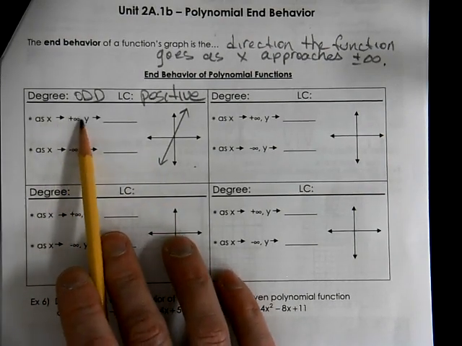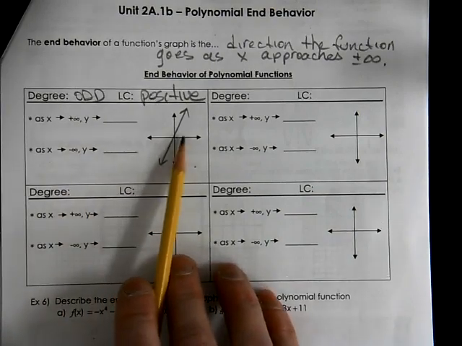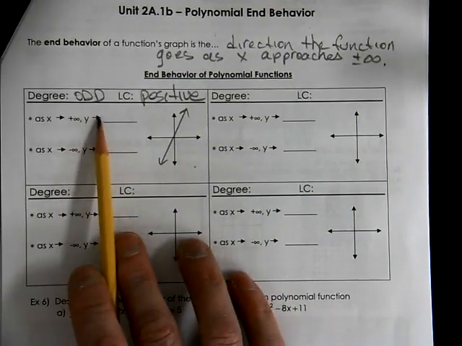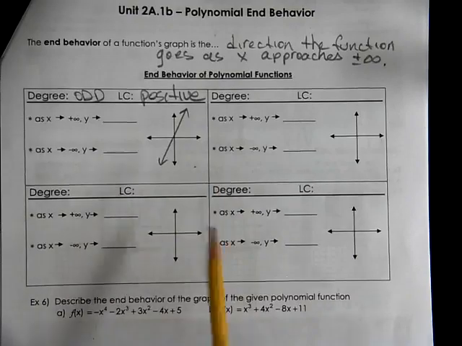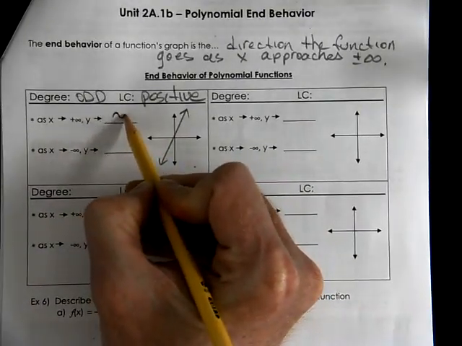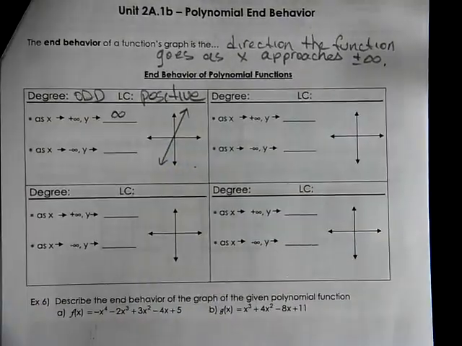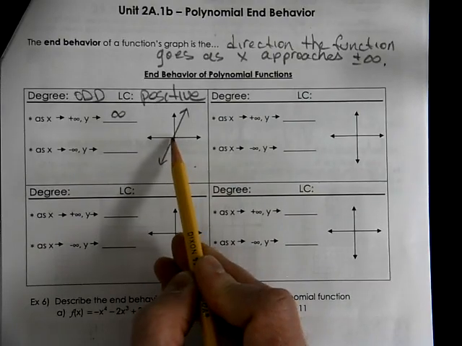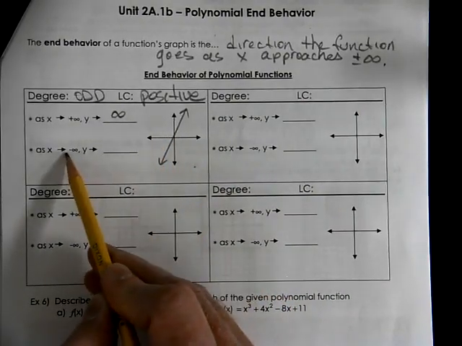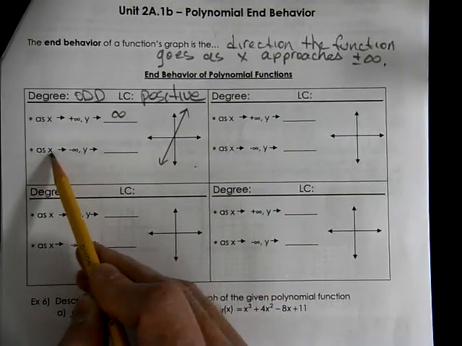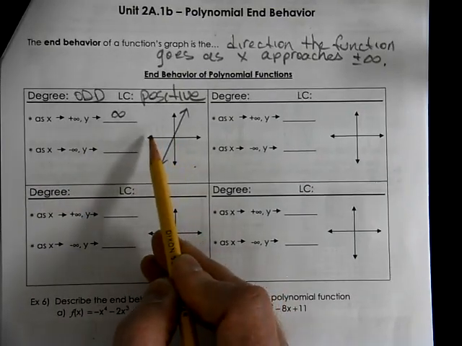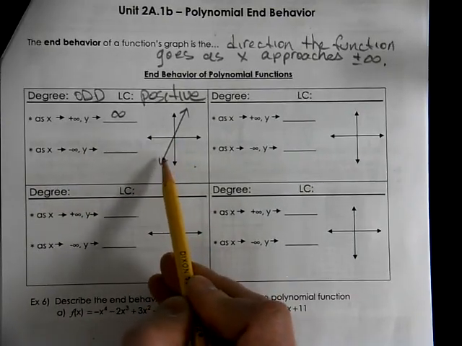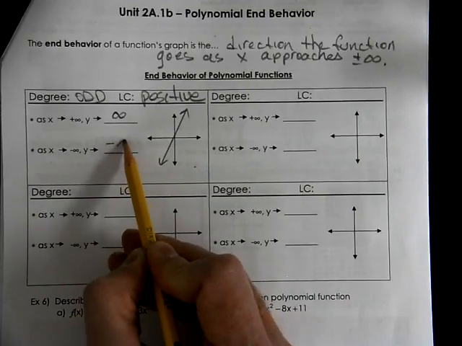As x approaches positive infinity, as x gets bigger, we notice the y value is going up. It's going to positive infinity. The further to the left we go, as we approach negative infinity for x's, the graph continues to go down. So that's approaching negative infinity.